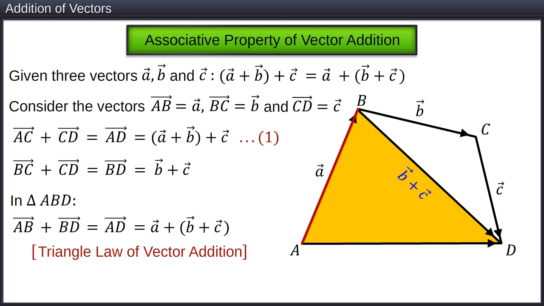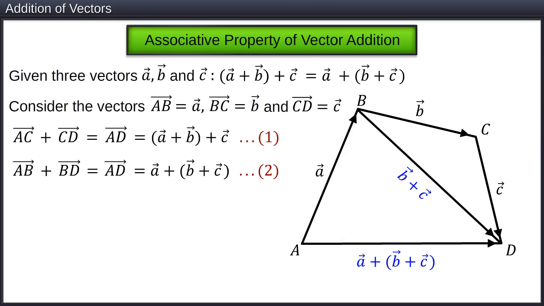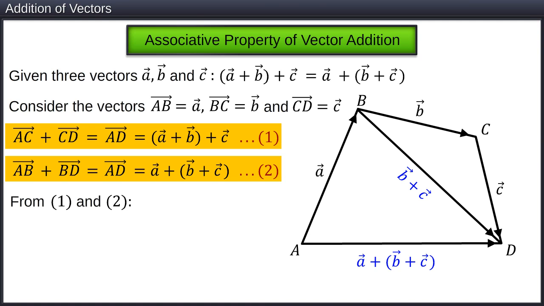The sum of vectors AB and BD is equal to vector AD, or the sum of vector A and the sum of vectors B and C. Equating the value of vector AD from equations 1 and 2, it is proved that vector addition is associative.